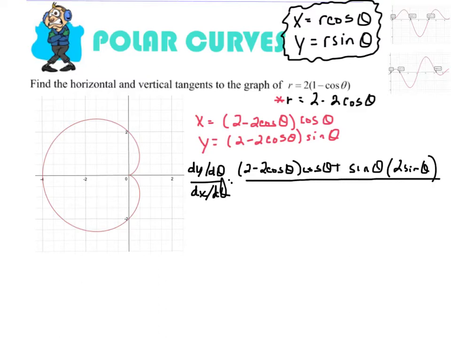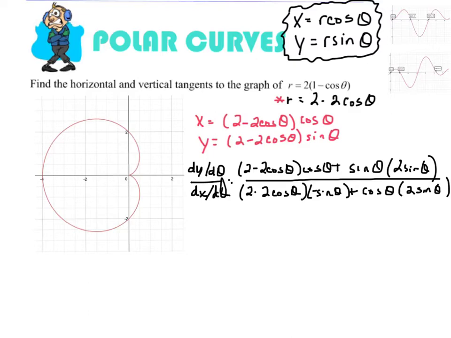On the bottom we're going to have dx d theta. So again we have first multiplied by derivative of the second, plus the second multiplied by the derivative of the first. Not pretty. There's a lot in here.